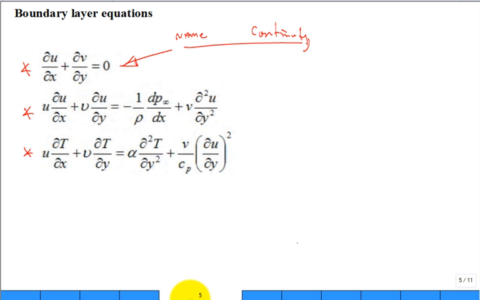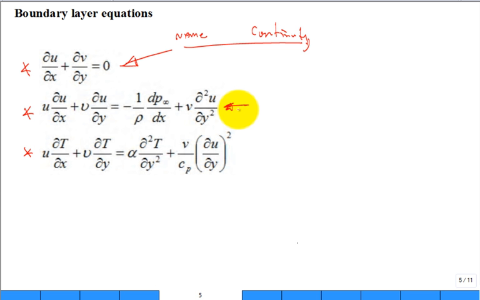Once we get our continuity equation, conservation of mass, and we get this second equation, what is this equation a representation of? Linear momentum in either the x or the y. It's in the x.